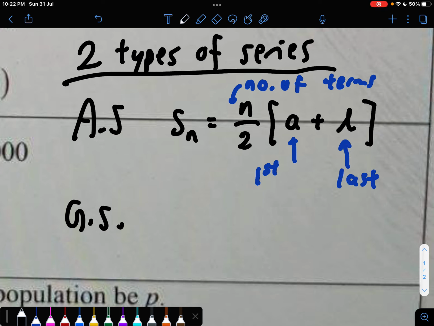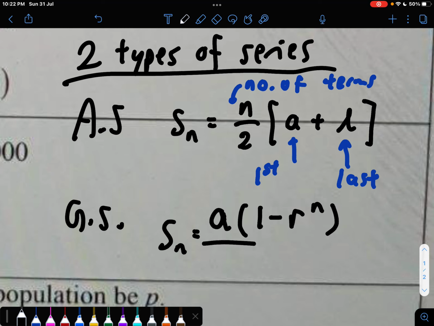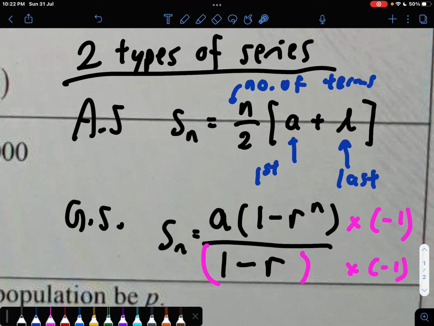Okay, then for geometric series, it is Sn equals the first term a multiplied by 1 minus the common ratio r power n, divided by 1 minus the common ratio. But of course you can multiply negative 1 to the top and bottom. Then you have to distribute the negative, and you end up swapping the order of the r power n and the 1.